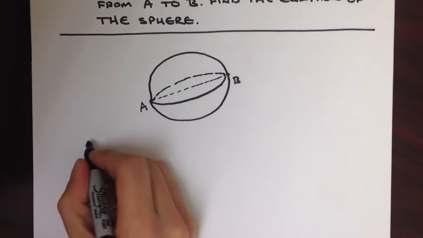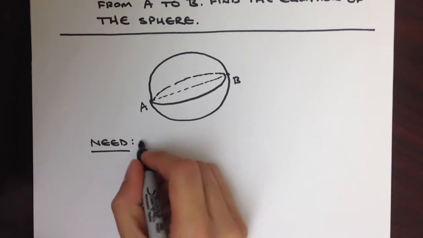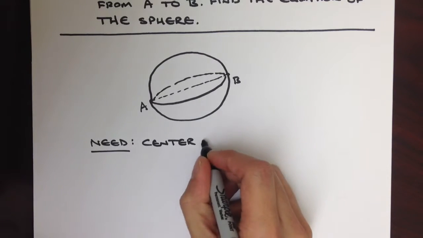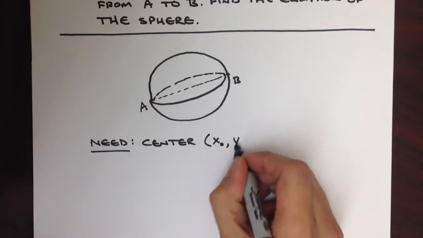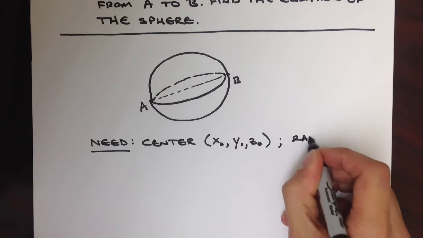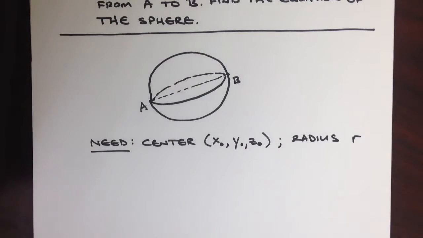Now, what do we need in order to find the equation of the sphere? We need 2 things. We need the center, which we'll usually write as (x naught, y naught, z naught), and we need the radius, which we'll call r.